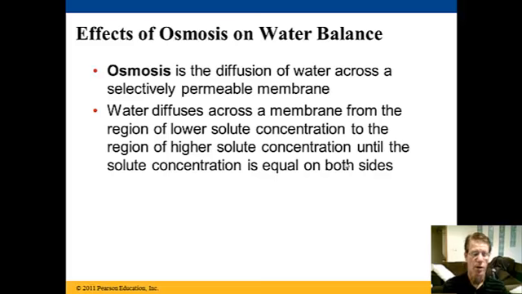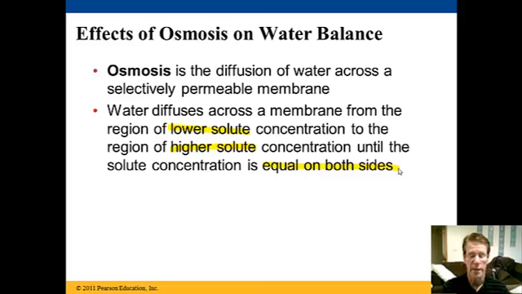Okay, so now we're not just talking about food coloring molecules moving across the membrane. We're talking about water moving to one side or the other to balance out solute concentrations. So water is going to move from an area of low solute concentration to a region of high solute concentration in an effort to equalize the concentration on both sides of the membrane.